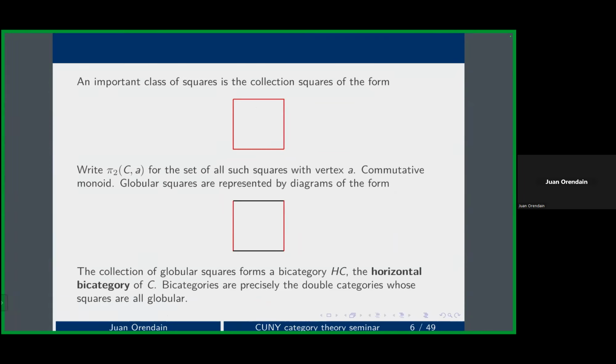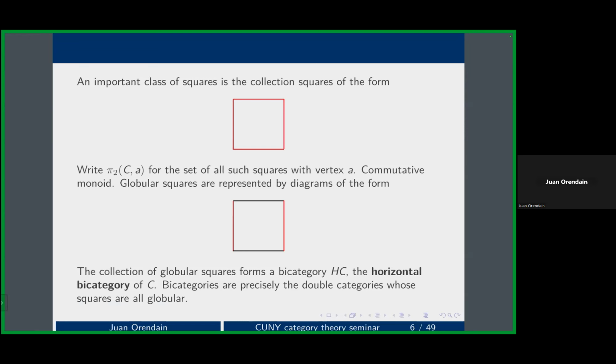So we'll write pi2 C comma A for the set of all squares with red boundary and where all the vertices are the vertex A. This is kind of like a second fundamental group of the double category on the vertex A. By the Eckmann-Hilton argument, this is a commutative monoid. Horizontal composition and vertical composition are both the same, and they're commutative, so we just consider this as a commutative monoid with that operation.